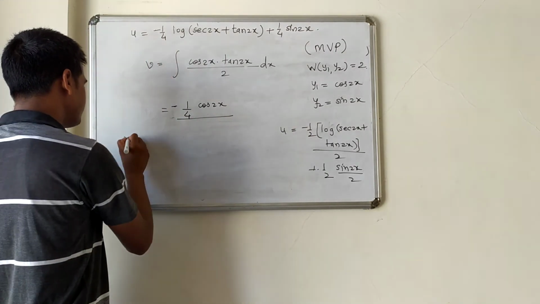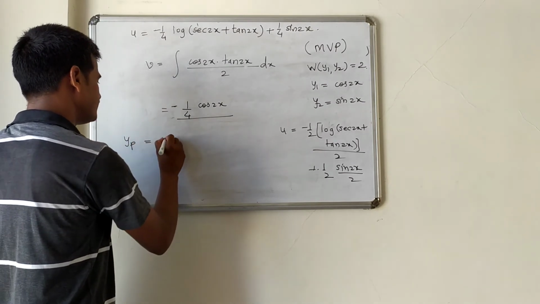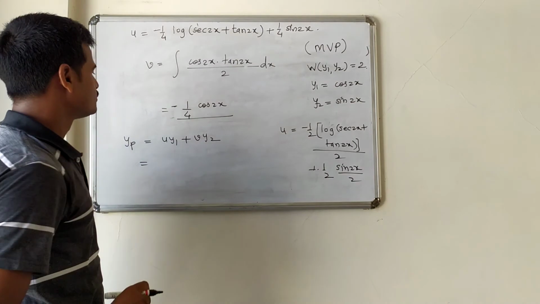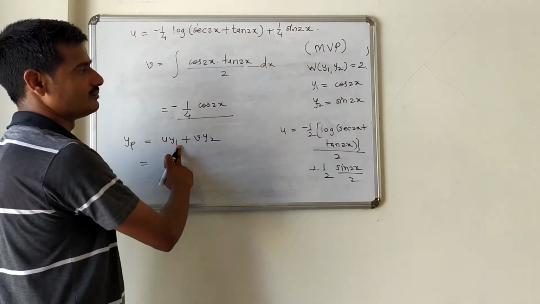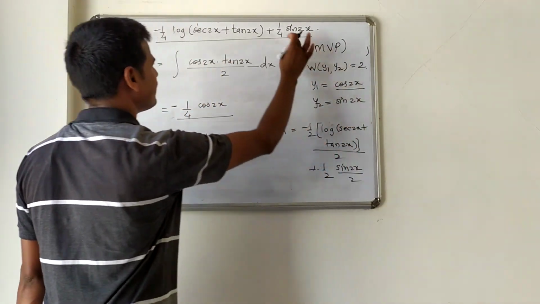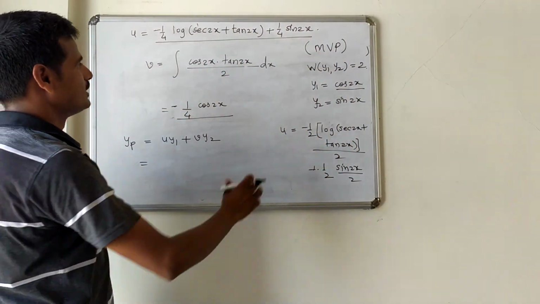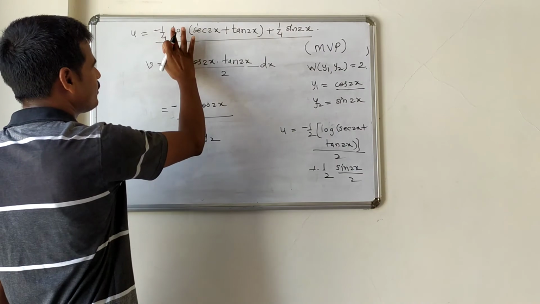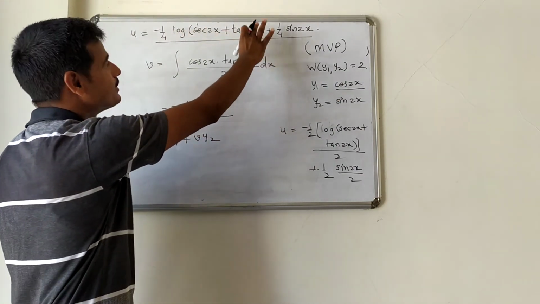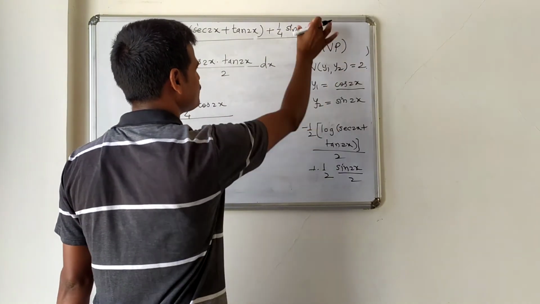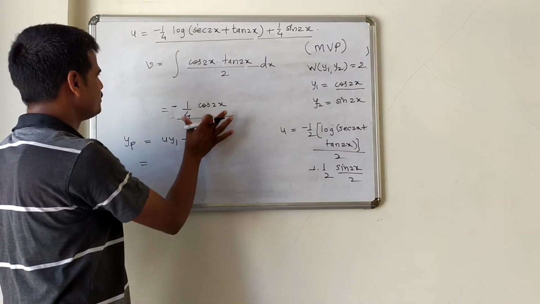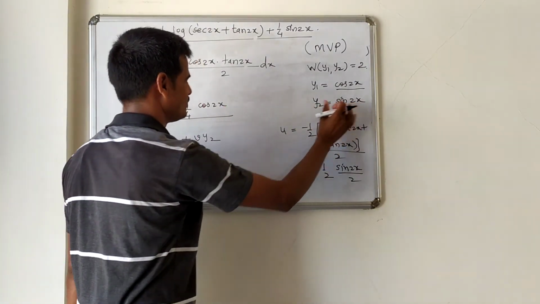And finally we define particular integral is equal to u y1 plus v y2. So multiply u by y1. So u is here multiplied by y1. So multiplied by cos 2x. So it is minus 1 by 4 cos 2x into log of sec 2x plus tan 2x plus 1 by 4 cos 2x into sin 2x. And what is v into y2? So v is here into y2 is sin 2x.